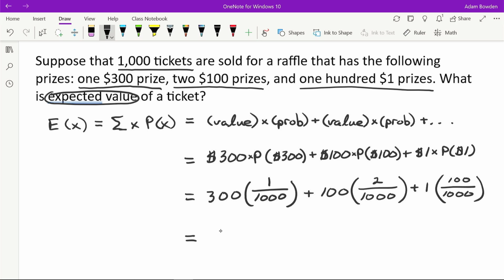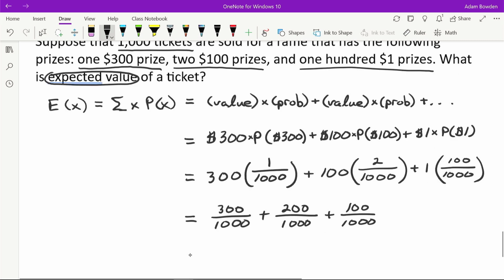So what we're doing here is really 300 over 1,000 plus 200 over 1,000 plus 100 over 1,000, which would be equal to 600 over 1,000, or an expected value of 0.60, or 60 cents.